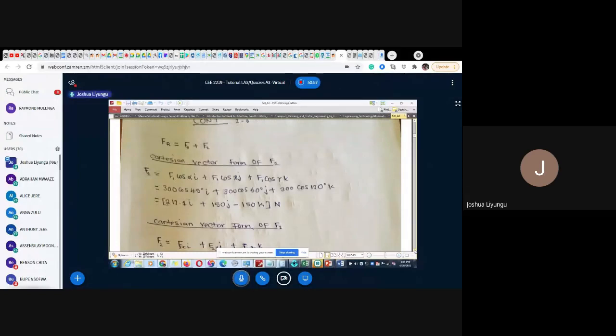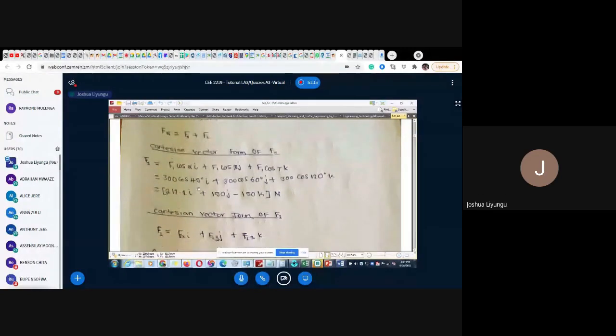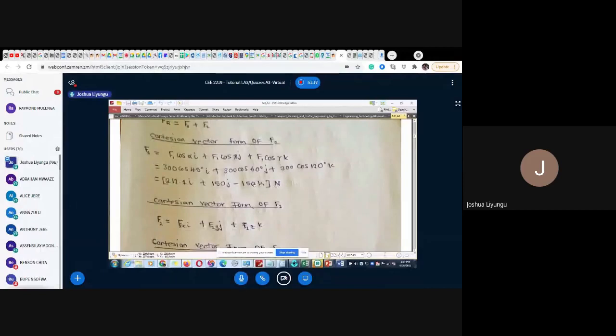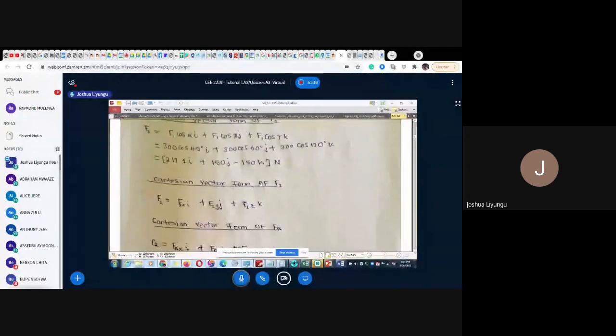All of us know that the resultant FR is equal to F1 plus F2. We first make all the forces to be in Cartesian notation. You have your F1 in Cartesian notation. You do the same for your F2.